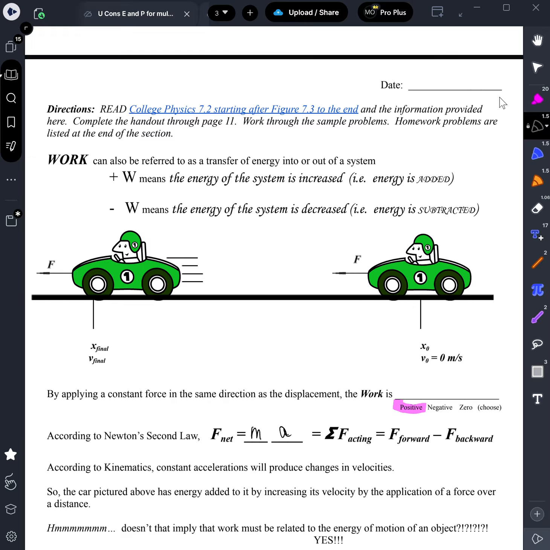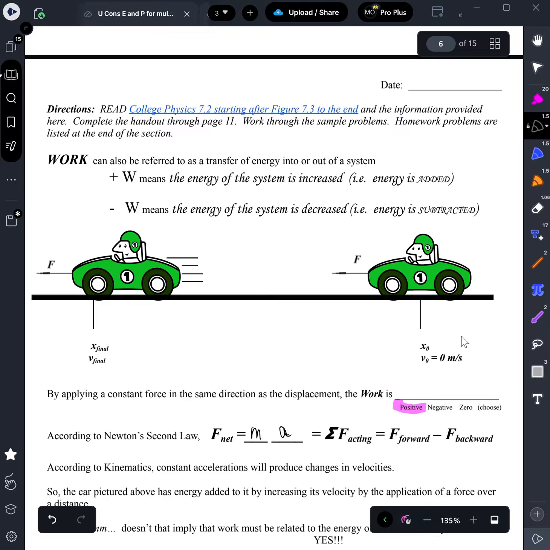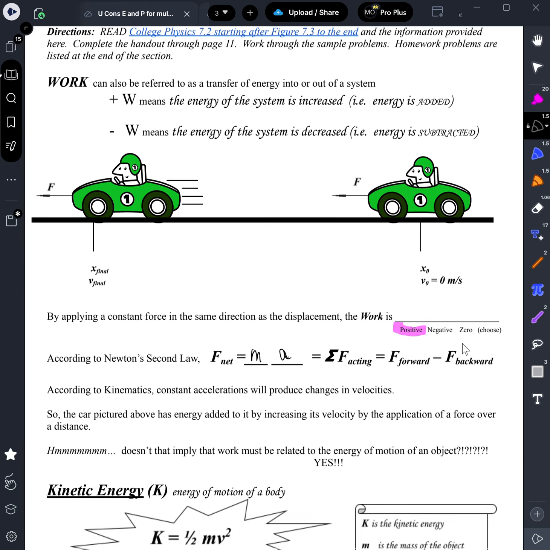So that means adding or having positive work increases the velocity over this distance. Doesn't that imply that work has to do with the change in motion of an object? And the answer is absolutely, positively yes, it does.